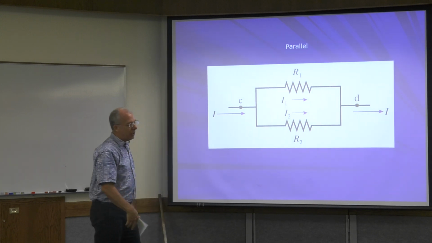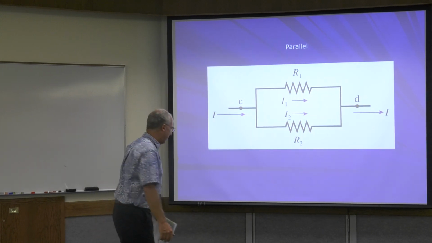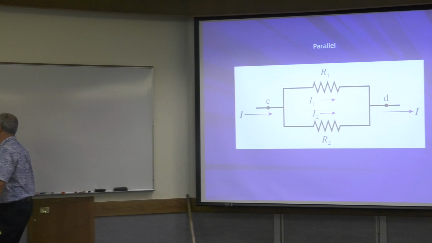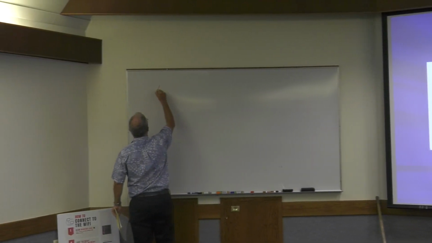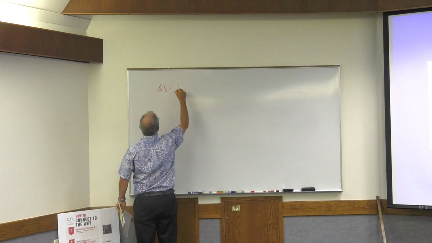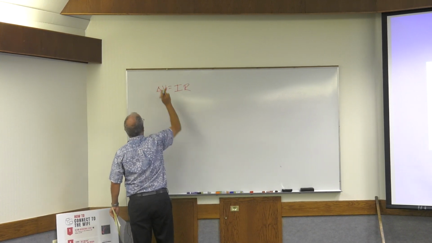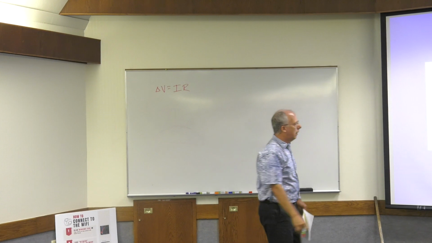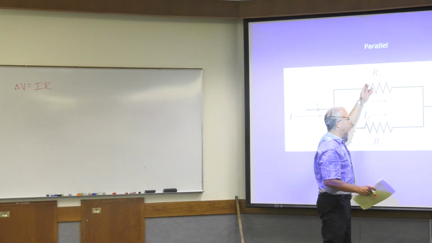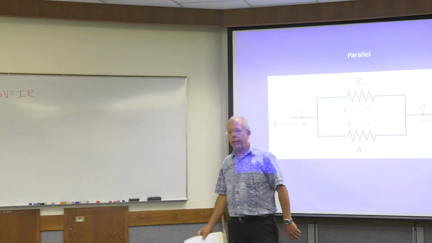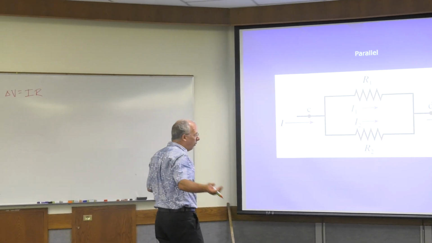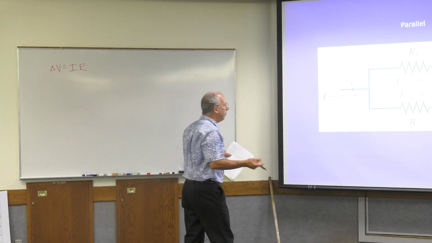There's not a whole lot of choices. Here's Ohm's law. We know that the currents are different. We know that the resistors are different. So what's probably the only thing that's the same? Probably the voltage, right? Well, let's prove it.